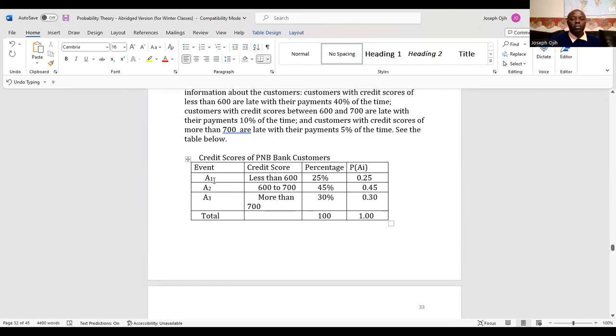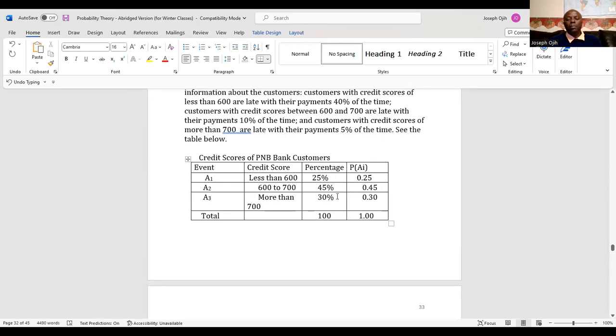Customer group A1, that's the first group: among all their customers, 25% have a credit score that is less than 600. Then 45% of them, which is 0.45, have a credit score of 600 to 700.